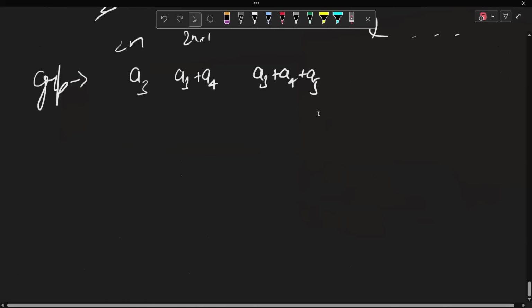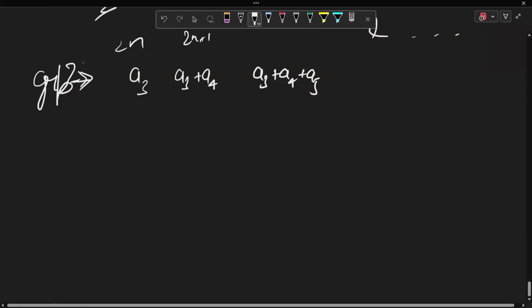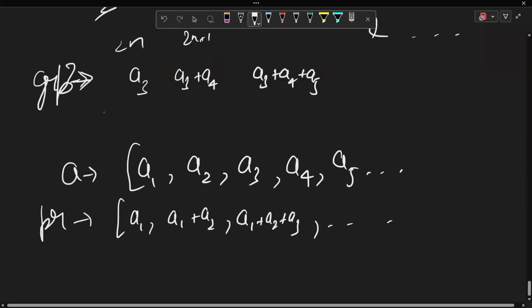So this was group 3. I have A, which is A1, A2, A3, A4, A5. I computed the prefix sum of A, which was storing A1, then A1 plus A2, then A1 plus A2 plus A3, like that.